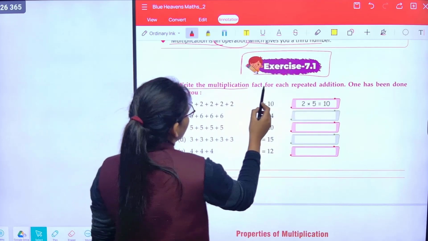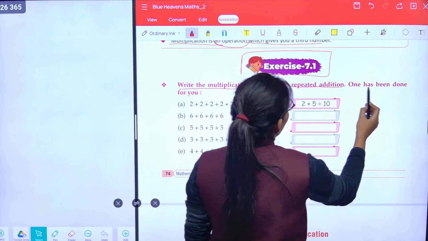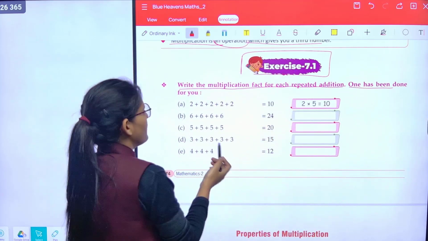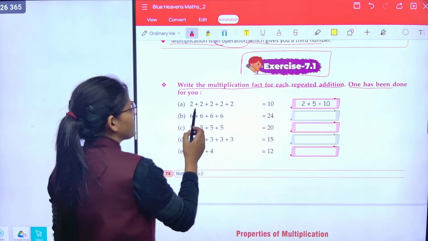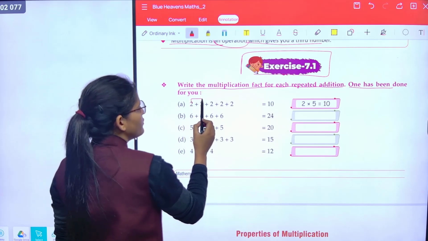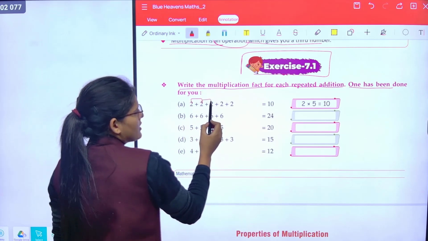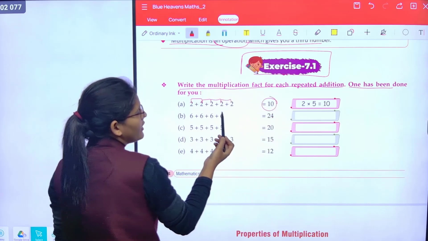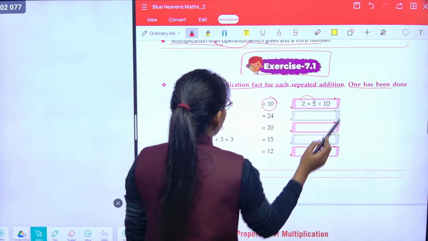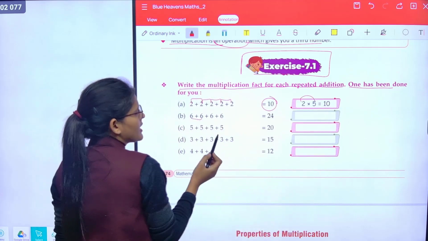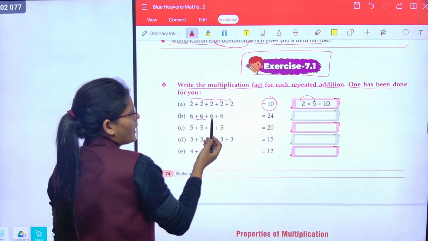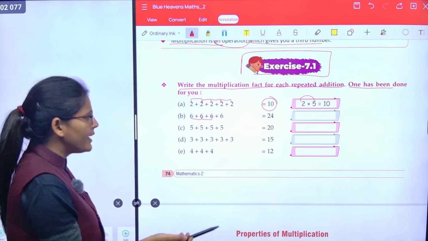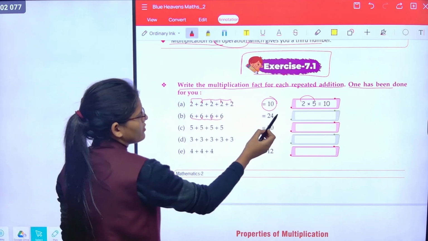Write the multiplication fact for each repeated addition. One has been done for you. Now class, see, 2 plus 2 is 4, 4 plus 2 is 6, 6 plus 2 is 8, and 8 plus 2 is 10. And we can write it like this: 2 5s are 10. Now see, 6 plus 6 is 12, 12 plus 6 is 18, 18 plus 6 is 24.